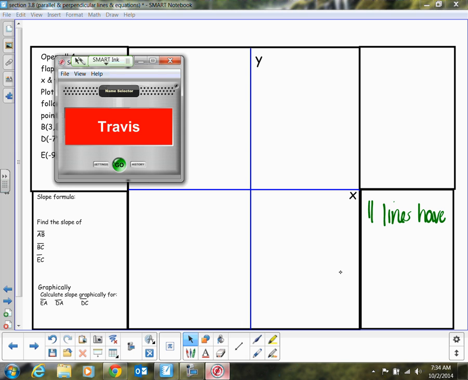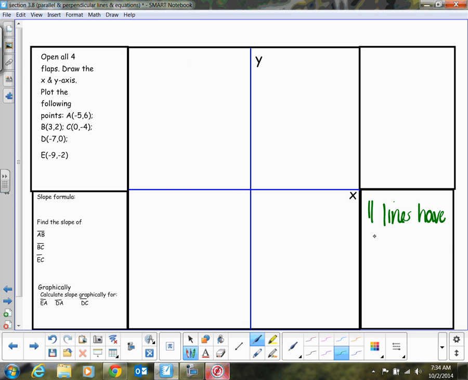What do we know about their slopes? They're coplanar lines that do not touch, but what else? Yes, have equal slopes.